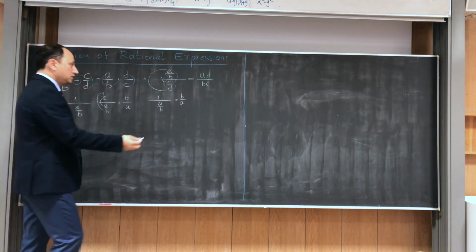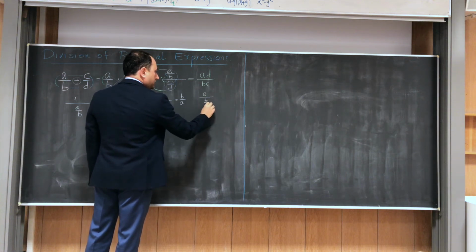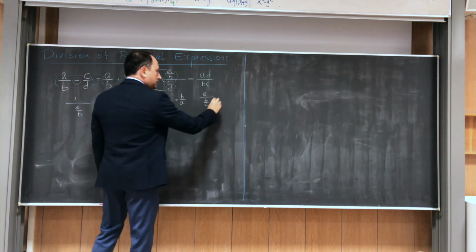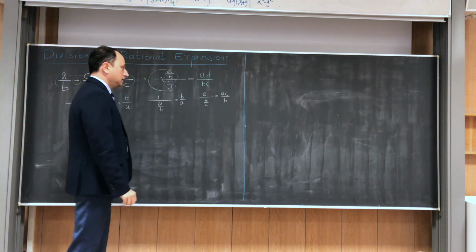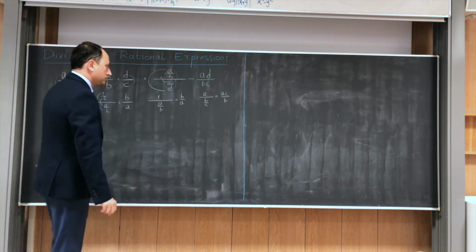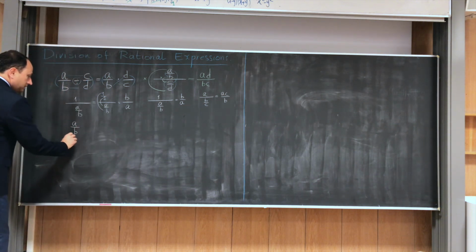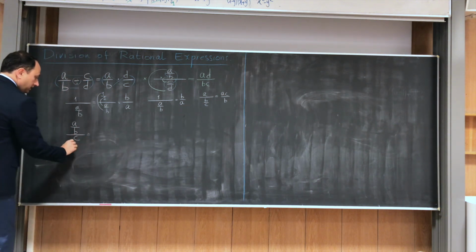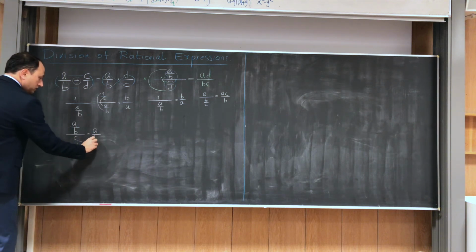And of course, if I have A divided by B over C, for example, this can be immediately written as AC over B. Yes, because A is A over 1, and then again I use the same rule. Or if I have A over B divided by C, then I can give a 1 to here. 1 times A is A, B times C is BC.